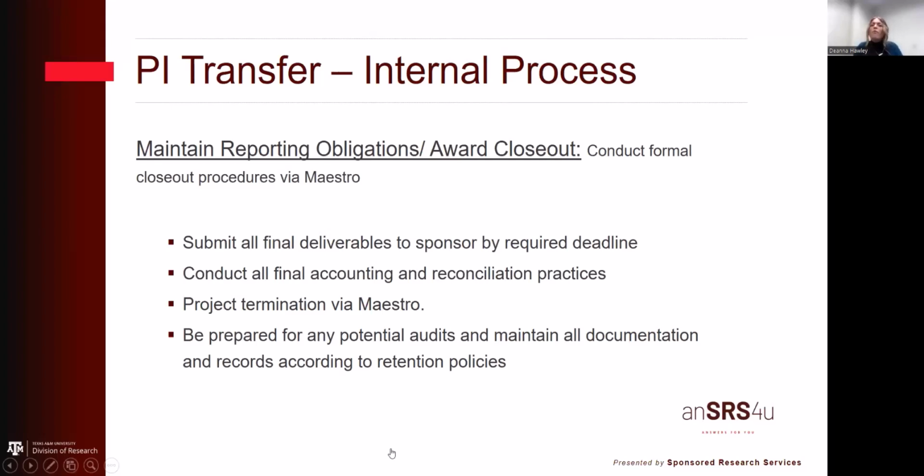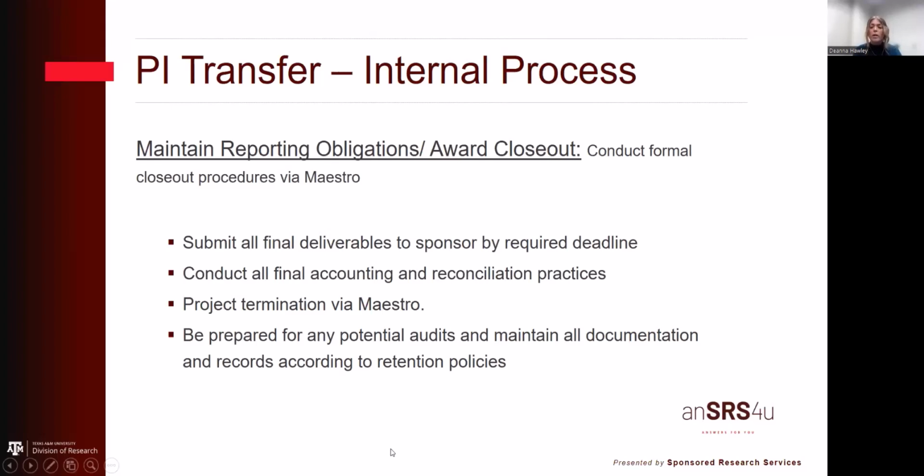For example, if a sponsor initially awarded us a 5-year project, but in year 3 we are transferring this faculty member to a new institution, they might reissue our deadlines to make our financial and technical reports due 30 days after approval of a transfer, 60 days, 90 days, or 120 days after that approval of that PI transfer request.